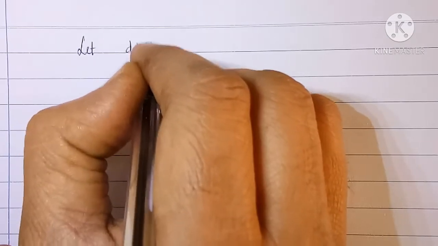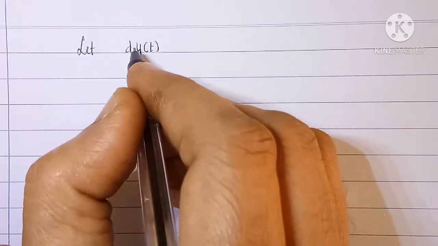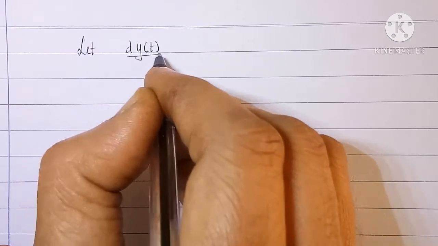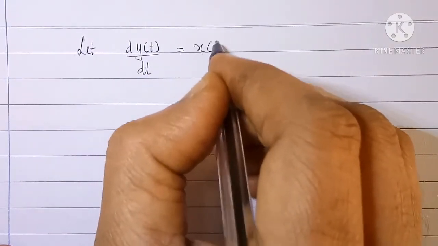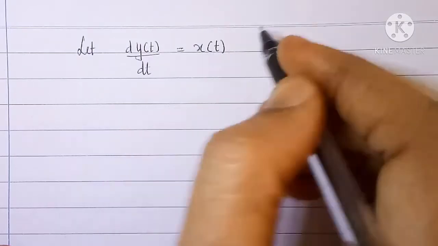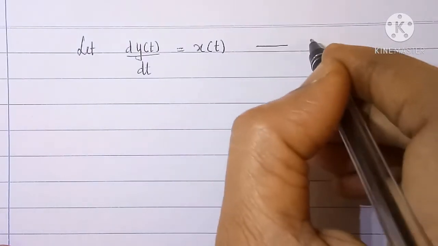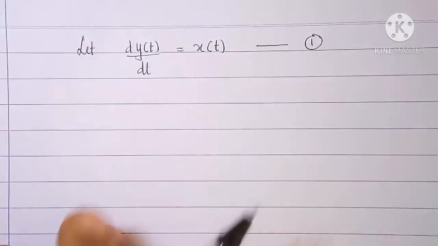Let dy of t by dt is equal to x of t. Let us call this equation 1.